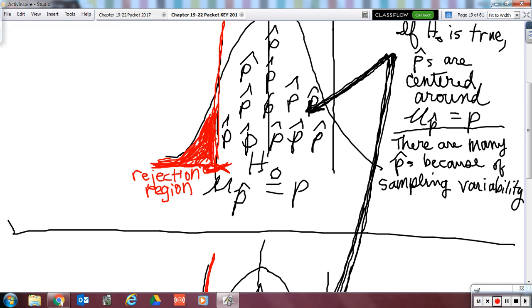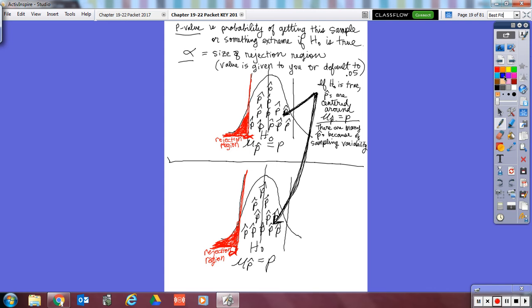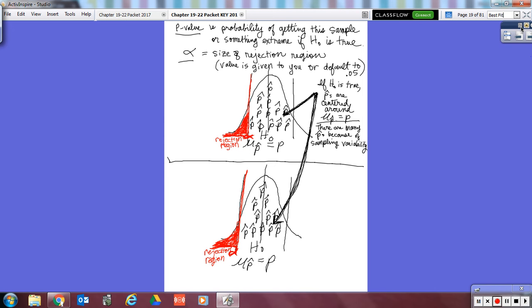Okay, so up until now, both of these pictures look the same. But now we're about to make them have something different. So I'm going to change over to the color blue, and I'm going to put in the sample that I get. Okay, so hypothetically, this is what's going on. I'm about to now go and take a sample.